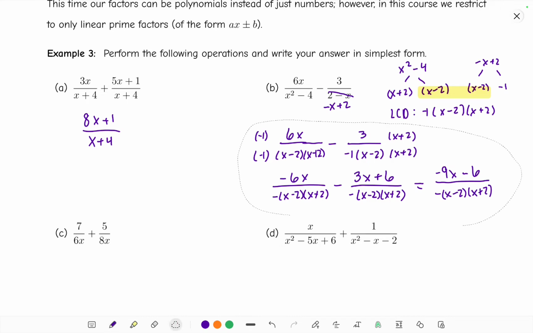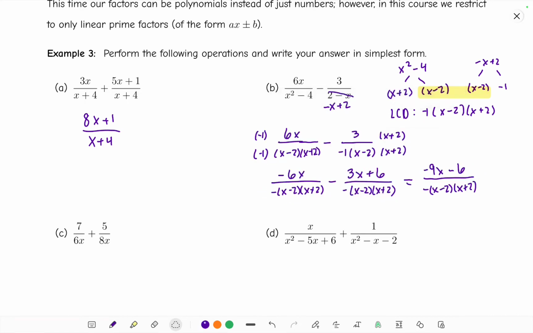So I can take a negative 3 out of the top. Then we get 3x plus 2 over negative x minus 2, x plus 2. And the negatives cancel out, and you're left with 3 times 3x plus 2 over x minus 2 times x plus 2.